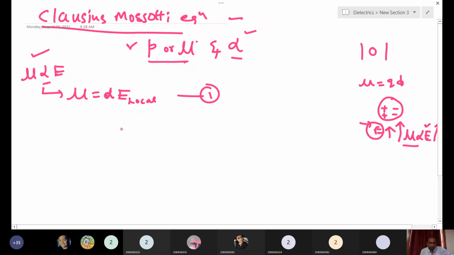Yesterday, in the last class, we estimated the local electric field, the total or Lorentz field. What is the final answer? Did you remember?